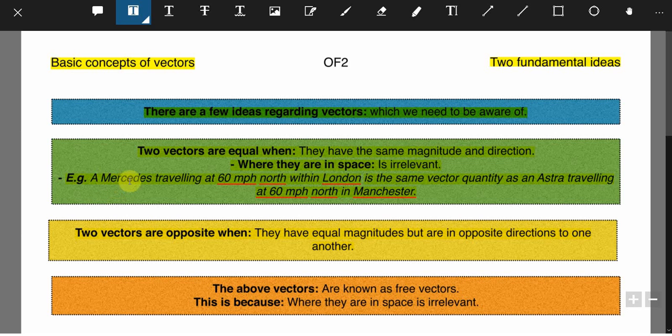Say, for example, we had a Mercedes travelling at 60 miles an hour north within London, yet again. But now imagine that the Astra was travelling 60 miles an hour south in Manchester. Everything's the same except for the direction of the second vehicle. Because the two vehicles are now travelling in opposite directions, the two vectors are opposite to one another.